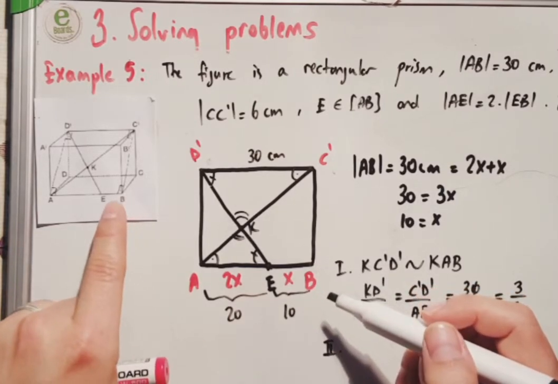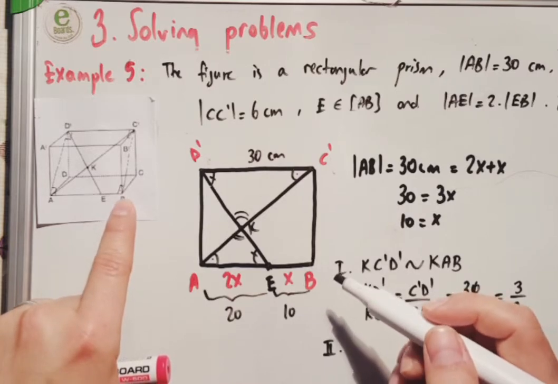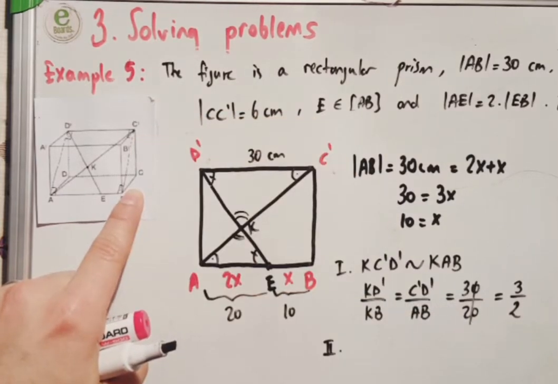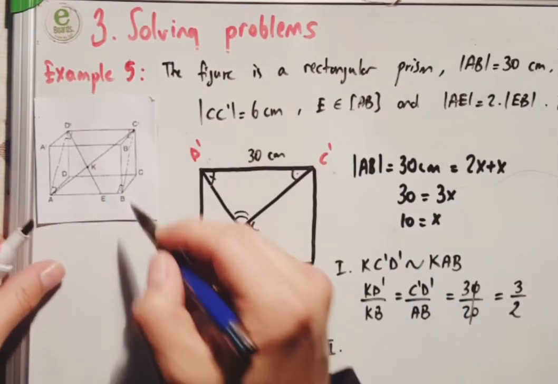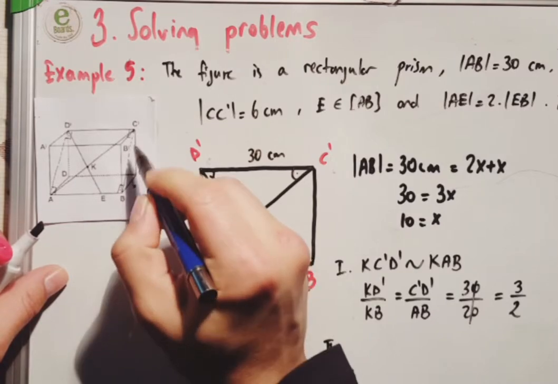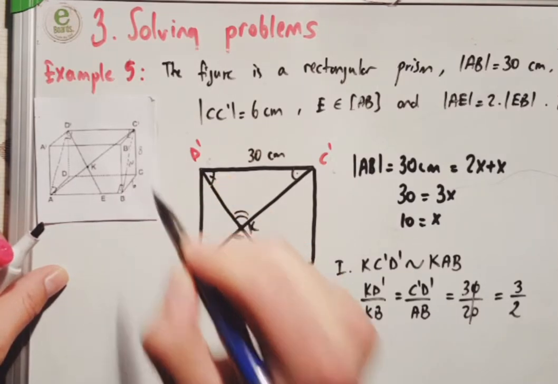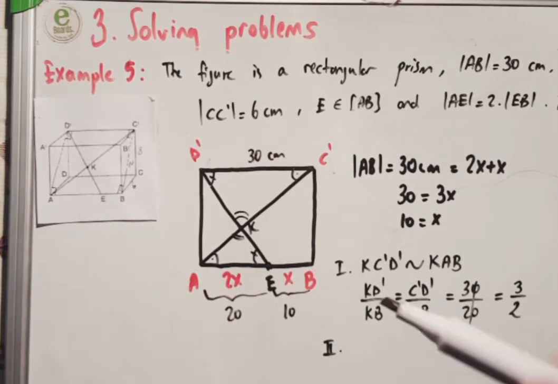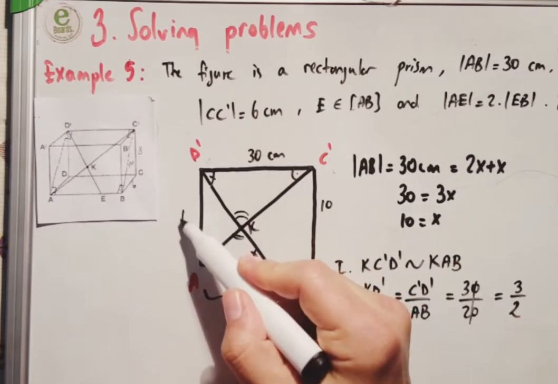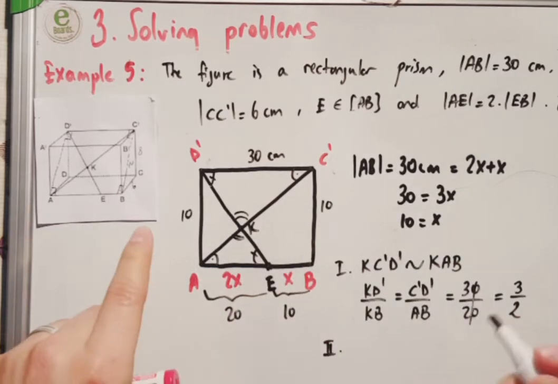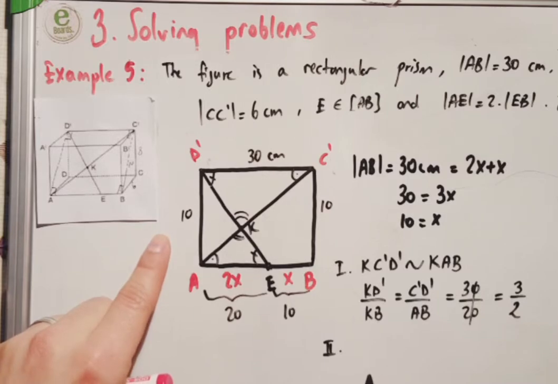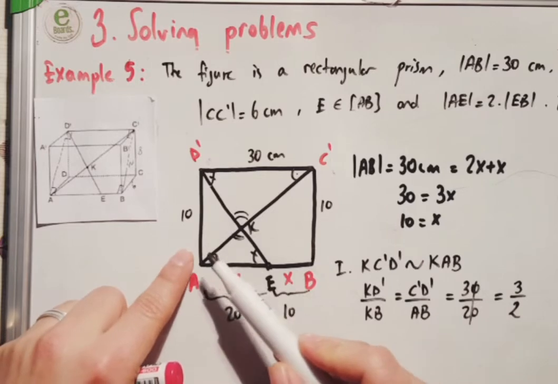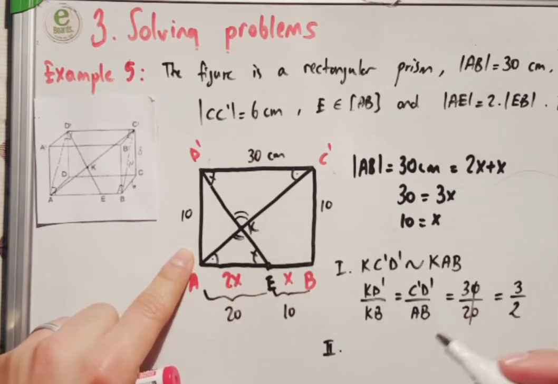By using the Pythagorean Theorem, BC is 8 and CC1 is 6, so the length of BC1 will be 10 centimeters, and AD1 is also 10 centimeters. So to find the length of D1E we will apply the Pythagorean theorem.